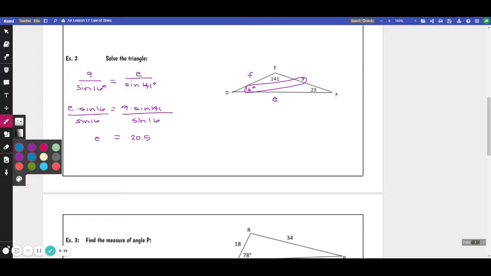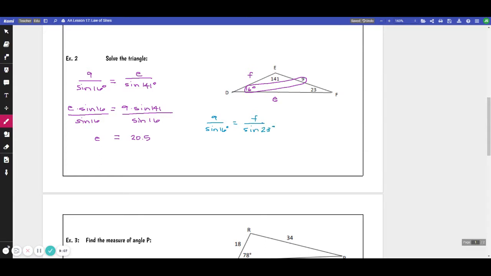We need to do F still. So remember, I'm not going to use the 20.5. I'm not going to use the one that I rounded, if at all possible. I'm going to go back to the original two that I knew exact answers for. So 9, we're solving for F now. 9 over sine of 16 degrees is equal to F divided by sine of its angle, 23.